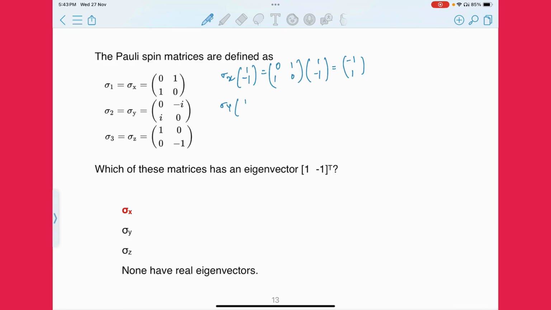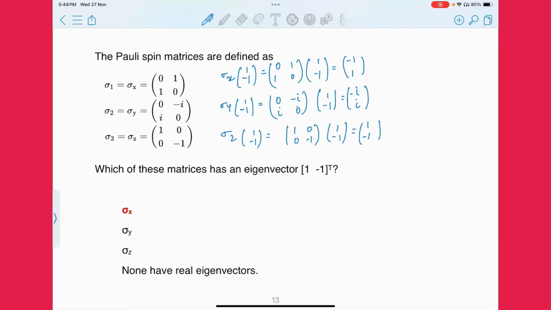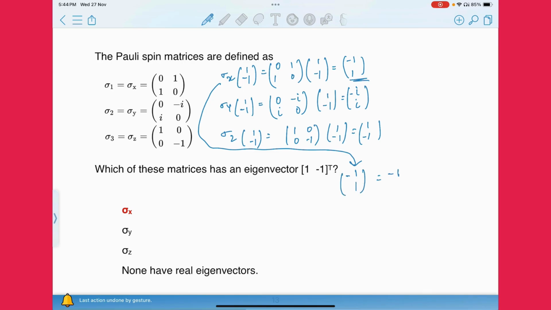Now for sigma y acting on (1, -1) transpose, the matrix has entries 0, -i, i, 0, and the result is not proportional to the original vector. So when we apply the sigma x matrix, the result is actually -1 times the eigenvector (1, -1).